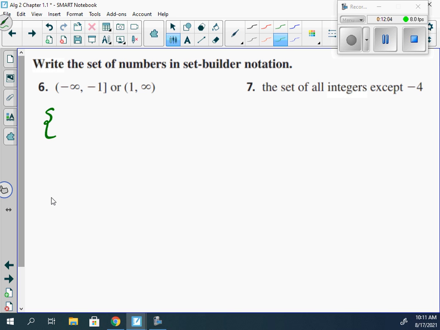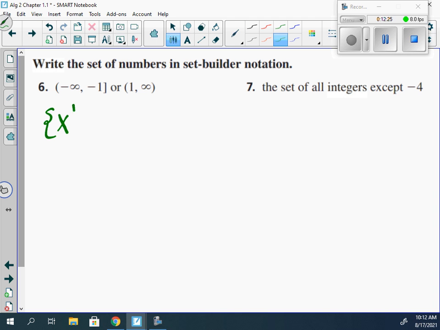Let's look at number 6. We'll look at most all of these because this is something you're not as used to. Well, we need to start out with x. So what kind of numbers are we dealing with? All real numbers.